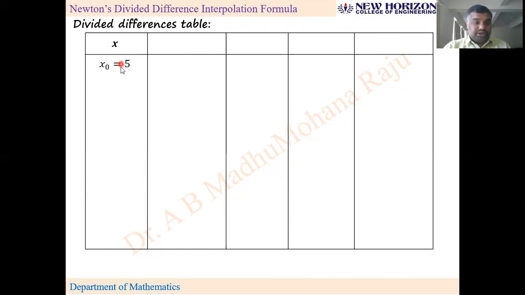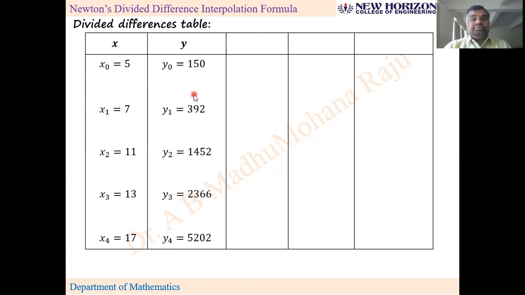First, x values x0, x1, x2, x3, x4, and y values y0, y1, y2, y3, y4. The first order divided differences are y of x0, x1. How does it come? The numerator is the difference of these two y values and the denominator is the difference of these two x values: y1 minus y0 divided by x1 minus x0.